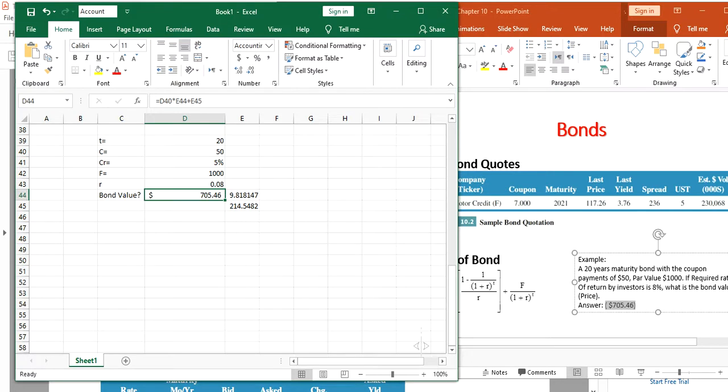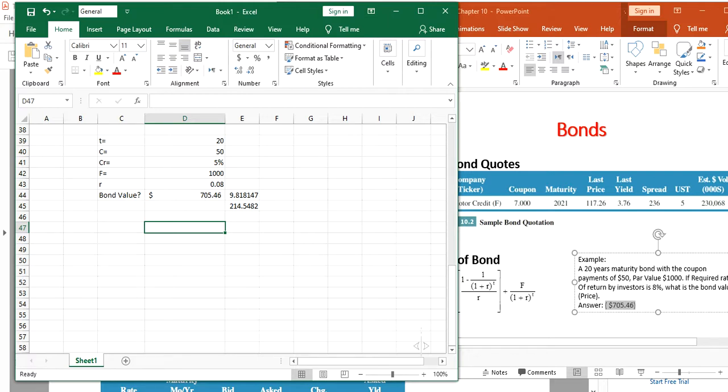Although the par value is $1,000, I lent $1,000, if I sell my bond right now and don't wait for the maturity, I can sell it only for $705 and a half. Why? Because the interest rate in the market is higher than the coupon rate.